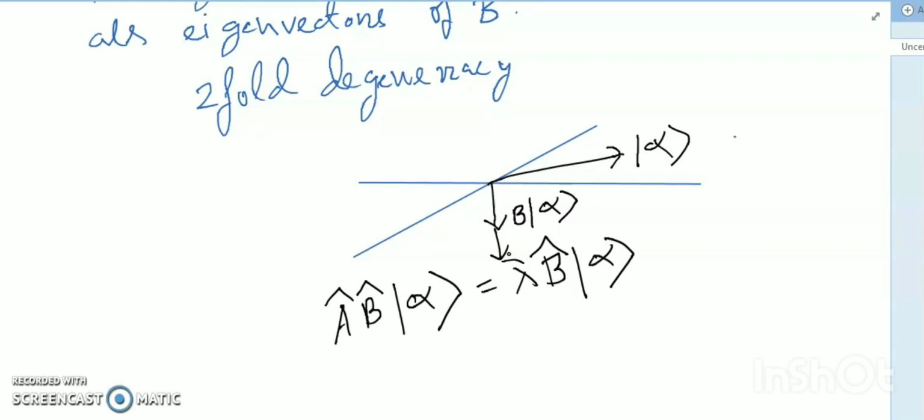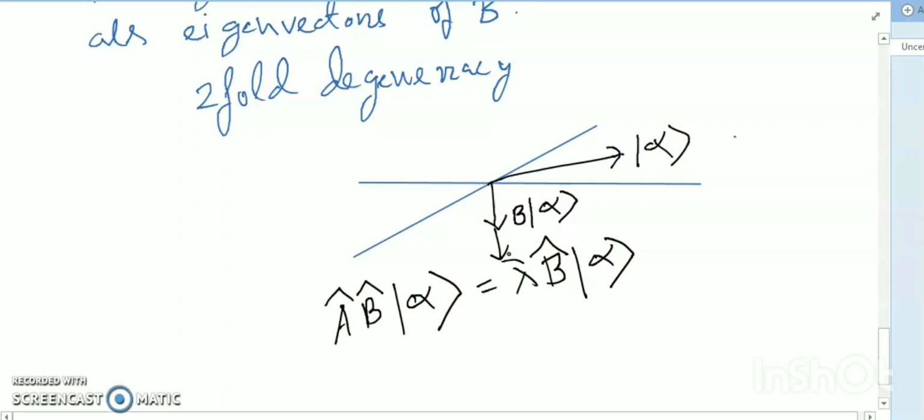Thus B alpha must lie somewhere within this lambda eigenspace, and therefore must still lie on this plane. So we found an important fact: vectors inside the eigenspace stay inside when acted upon with B.